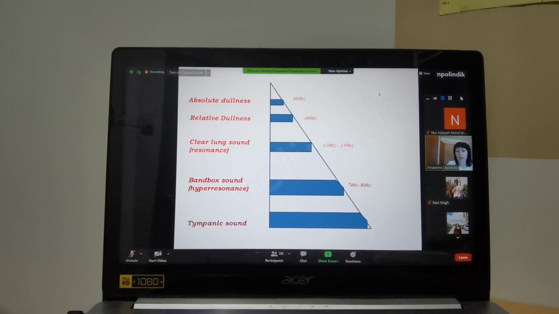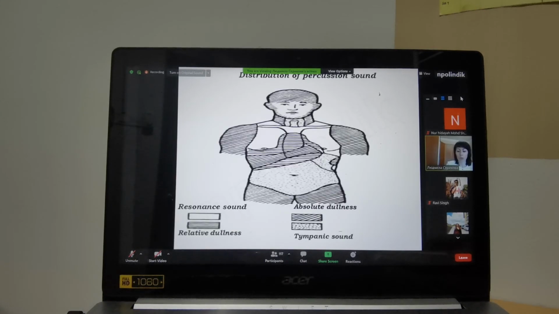What kind of percussion sounds can you hear during percussion? Over the lung tissue, the usual lung resonance sound. And according to characteristics, sounds differ in duration, loudness, and frequency.